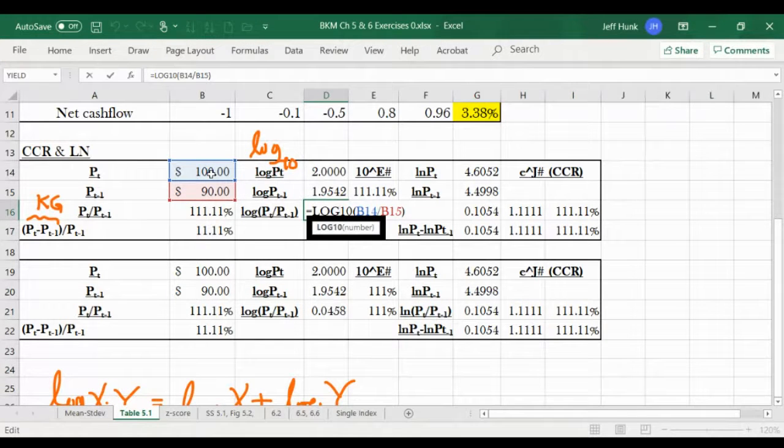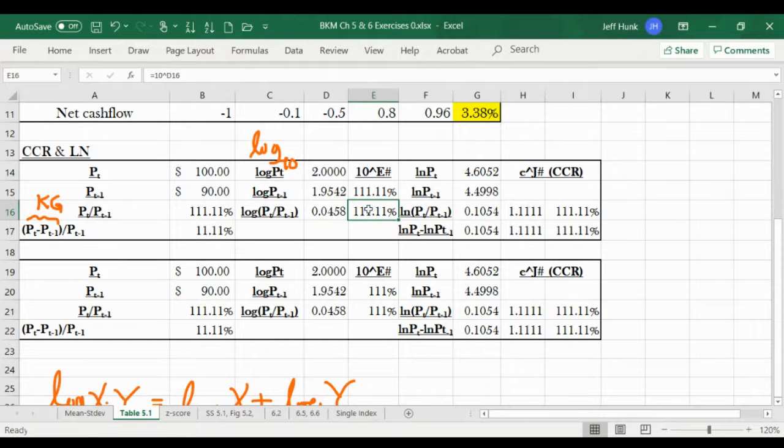Log of 100 over 90, right? It gives you exactly a gross return, right? Which is 10 raised to this ratio, right? It will give you gross return.